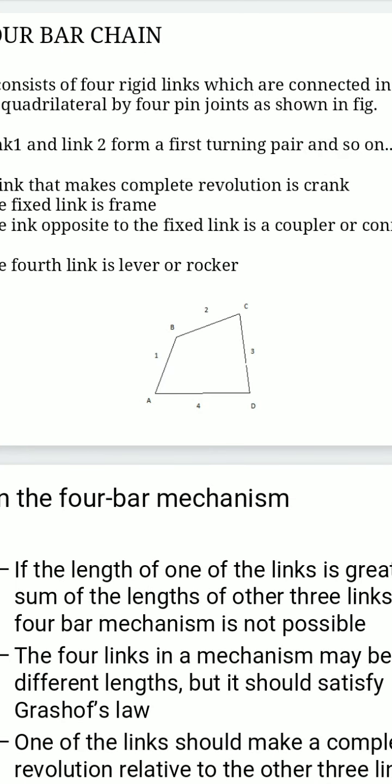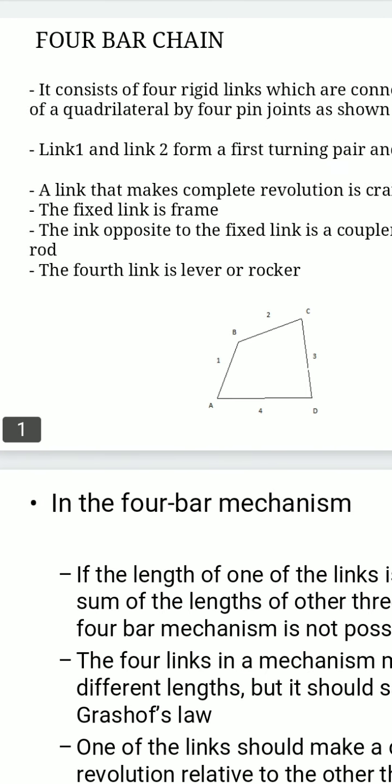And finally, the fourth link is a lever or rocker. This is what a four-bar chain consists of.